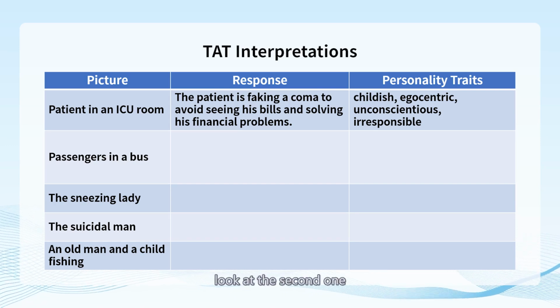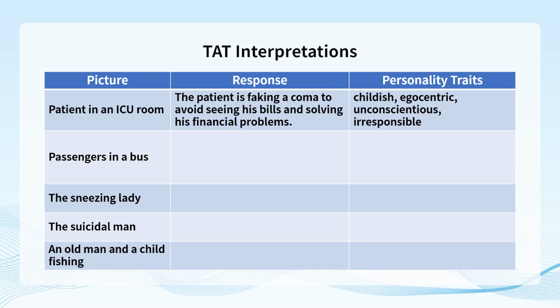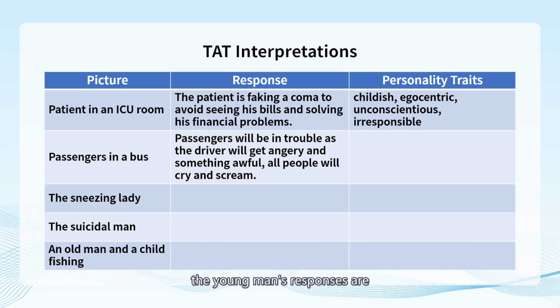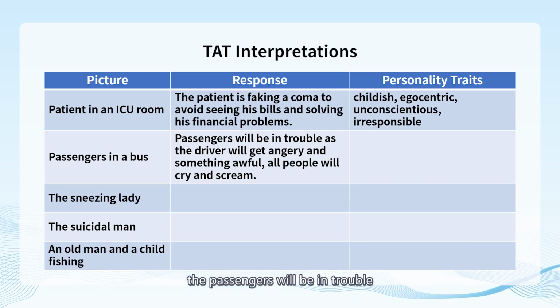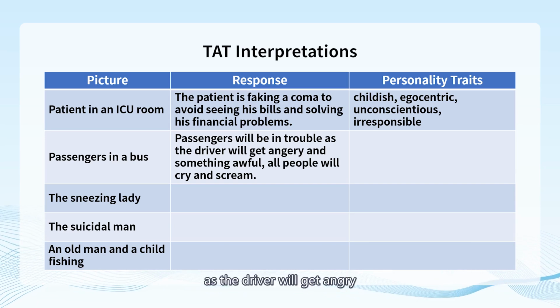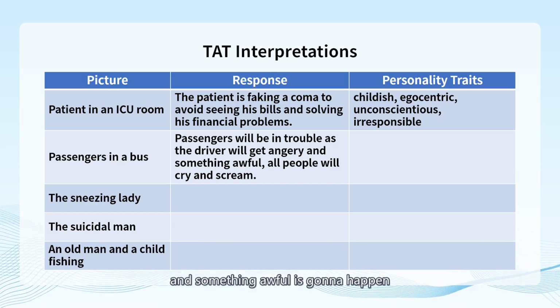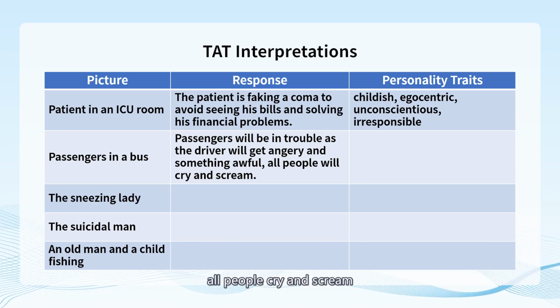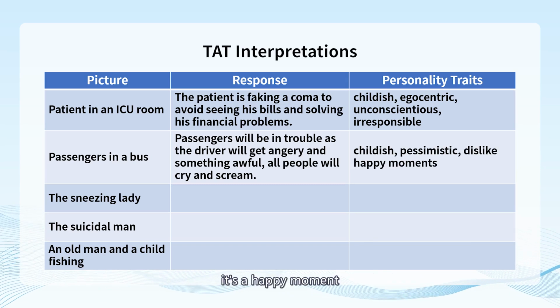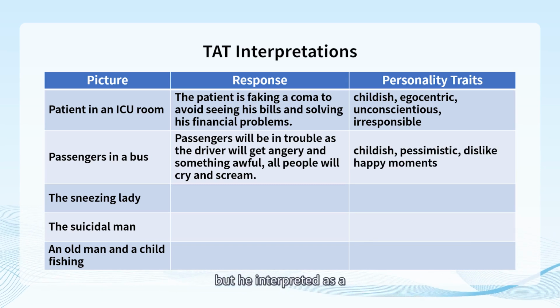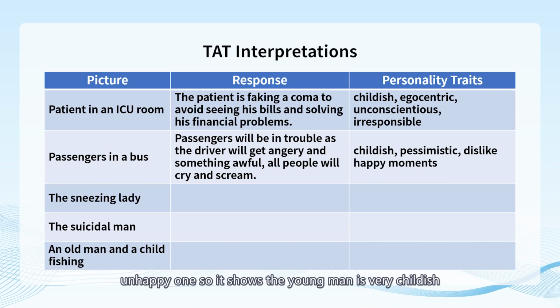Look at the second one, passenger in a bus. The young man's response is the passengers will be in trouble as the driver will get angry and something awful is going to happen. All people will cry and scream. It's a happy moment, but he interpreted it as an unhappy one.